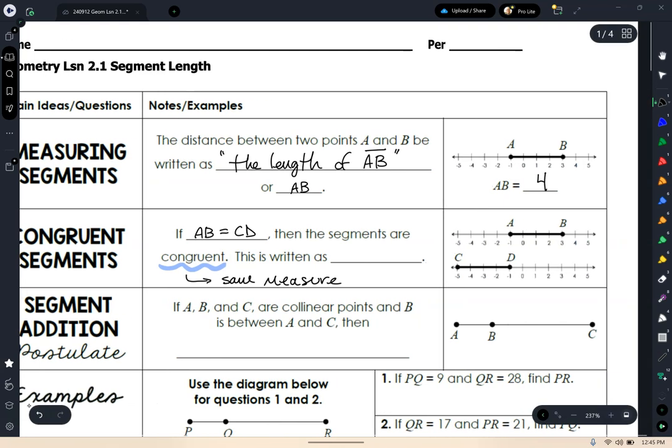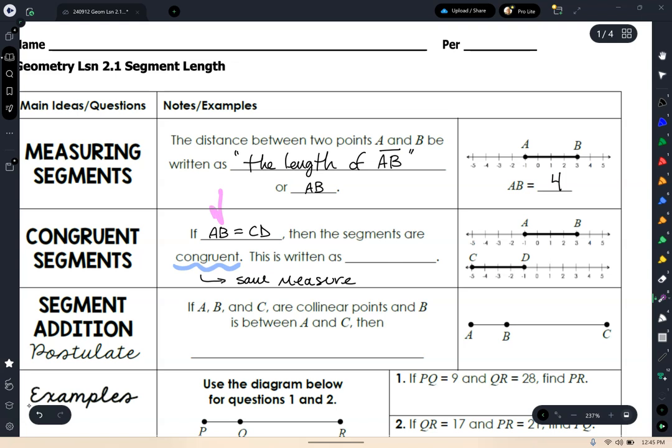Now, catch this. The length of segment AB is equal to the length of segment CD. If those two segments are congruent, then we would write that like this. You saw I had this little symbol here. I'm going to rewrite that symbol.